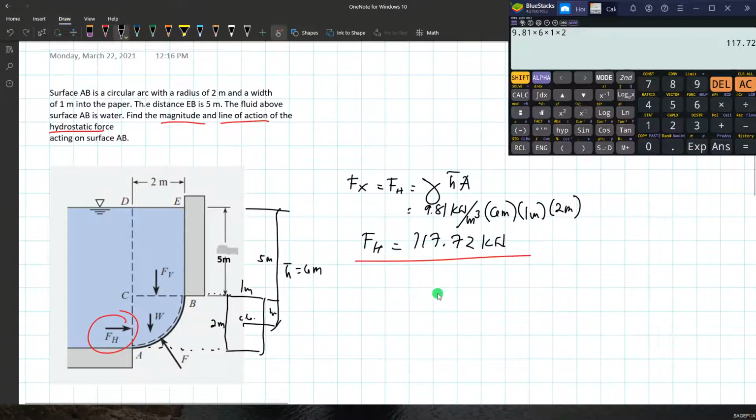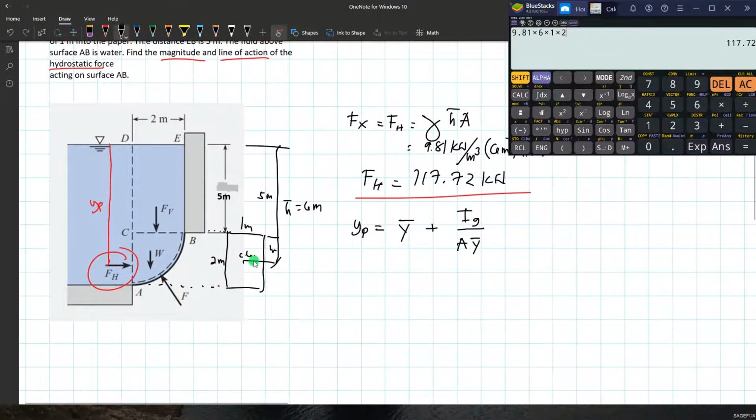We can also locate the horizontal force by determining Y_P, the location of the center of pressure. As we recall from the solution on flat surface, Y_P is y-bar plus I_G over A y-bar.